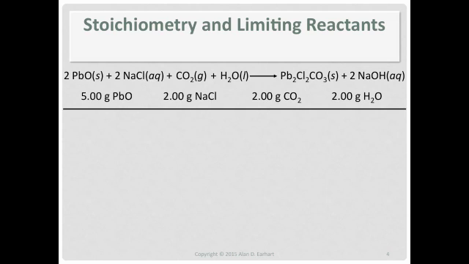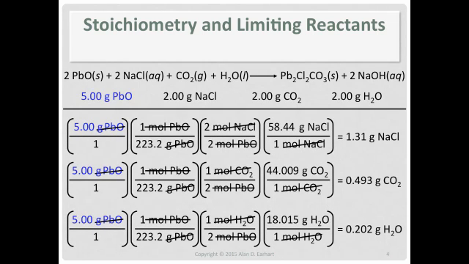So let me just kind of go through this relatively quickly. I'm going to pick the lead 2 oxide to work with first. And what I've done is I've done 3 separate stoichiometry calculations. And it shows me the mass of sodium chloride, carbon dioxide, and water I need with 5.00 grams of lead 2 oxide. Now, look at the masses of those other reactants that I calculated.